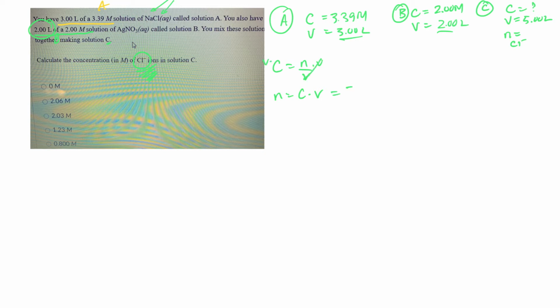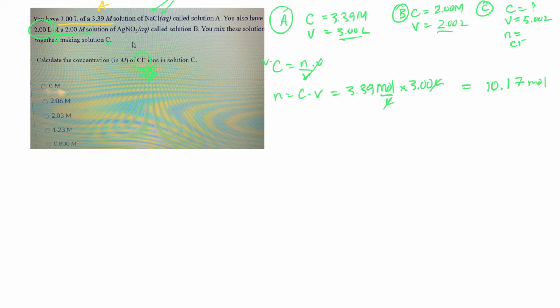So the concentration is 3.39 moles per liter times 3.00 liters. The liters cancel. You multiply those, you get 10.17 moles. So that's how many moles you have total in that solution.